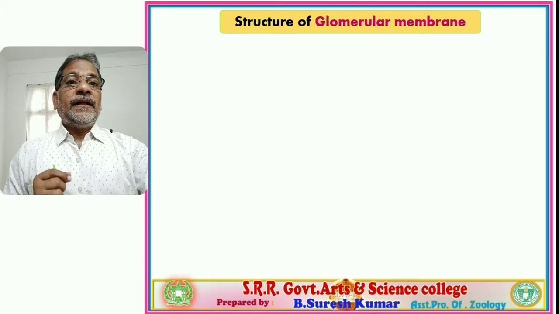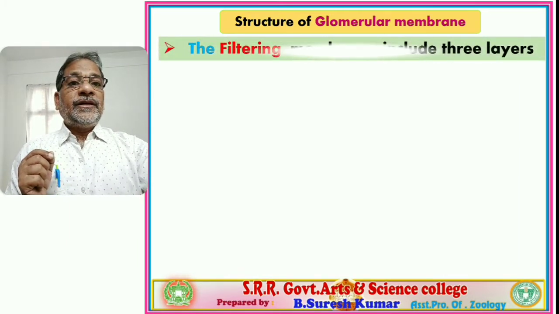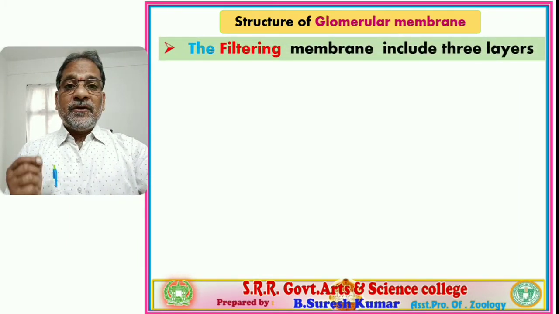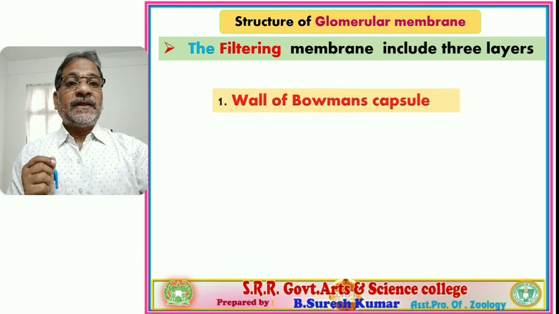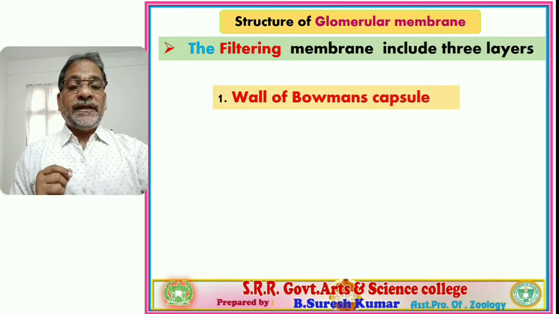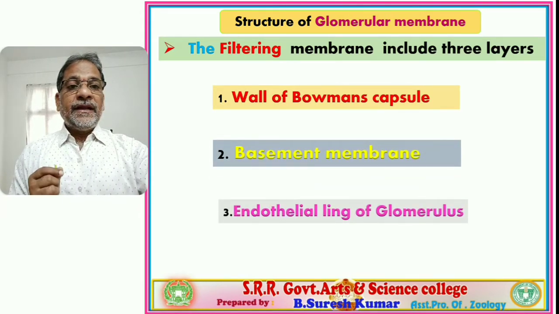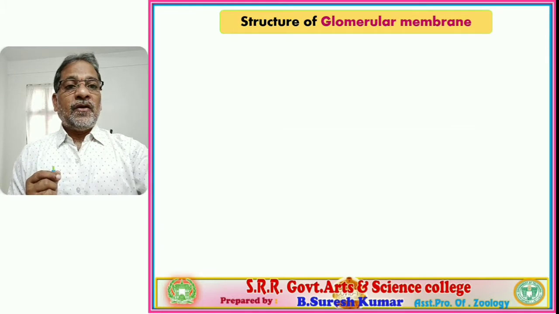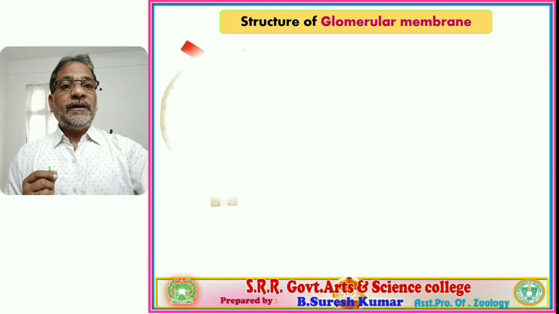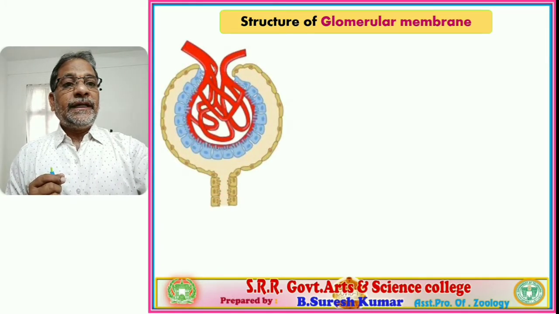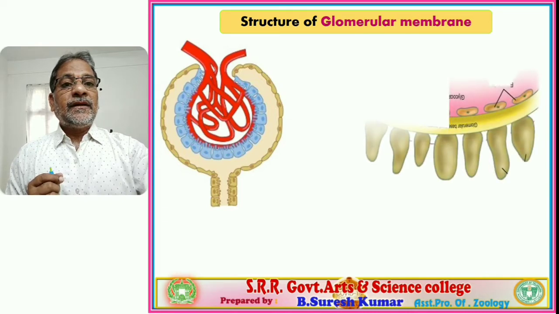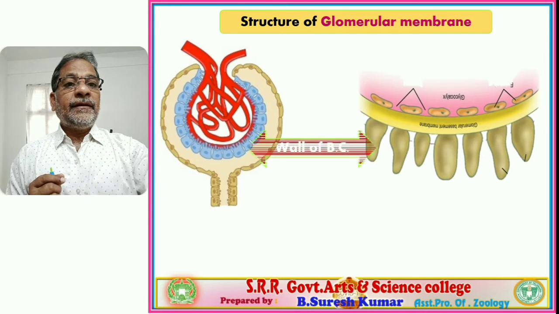Followed. Right. If we observe the filtering membrane, it includes three layers. They are, sequentially from outside to inside: wall of Bowman's capsule, basement membrane, and endothelial lining of glomerulus. So you verified all these three layers. This is Bowman's capsule and filtering membrane.